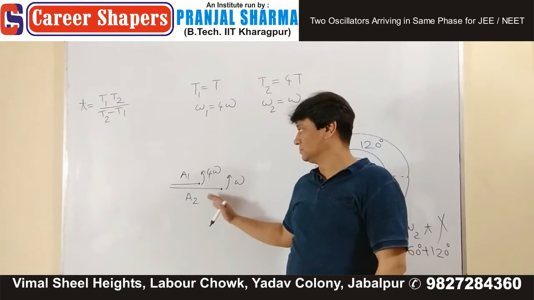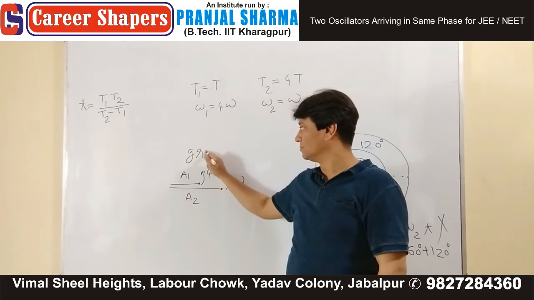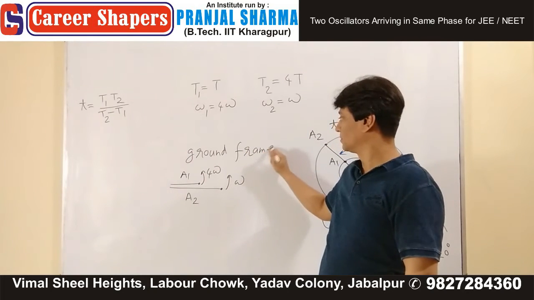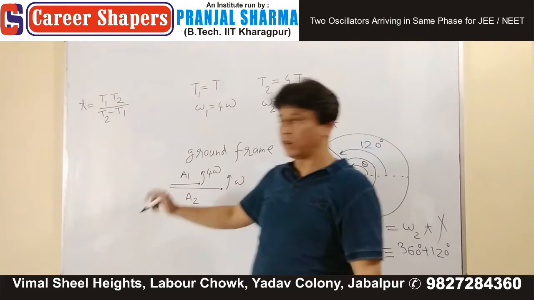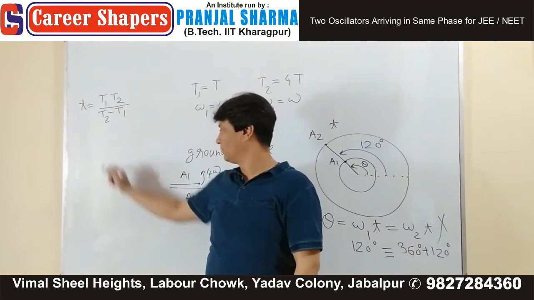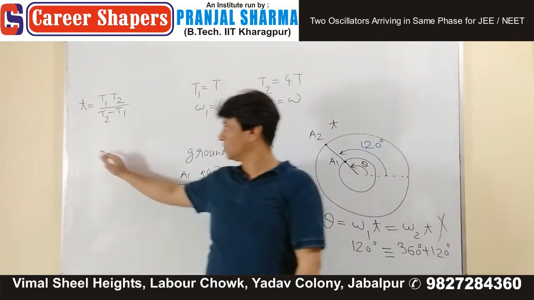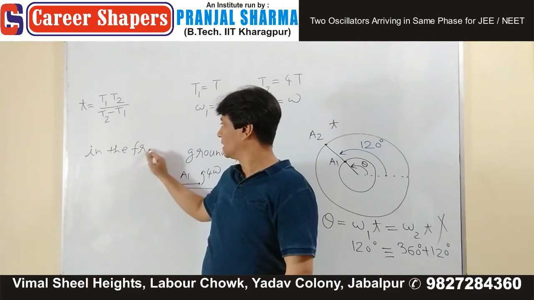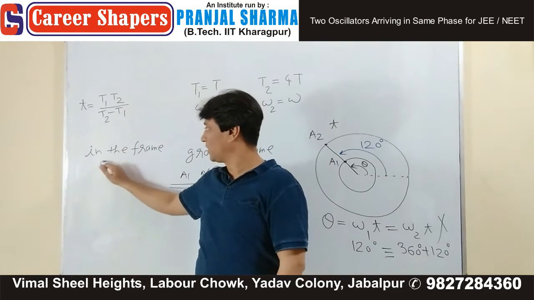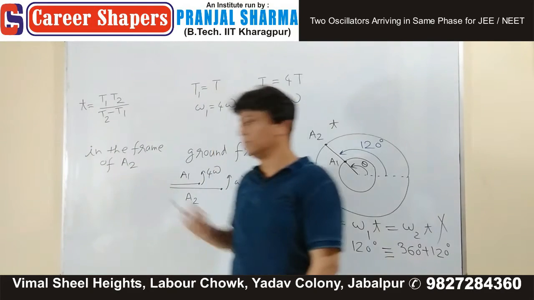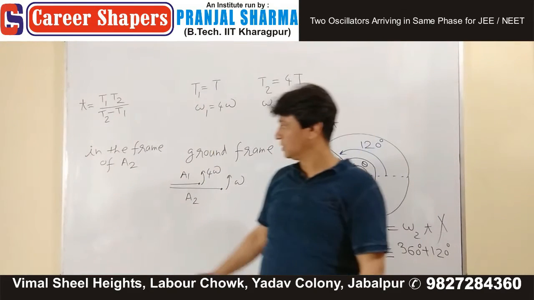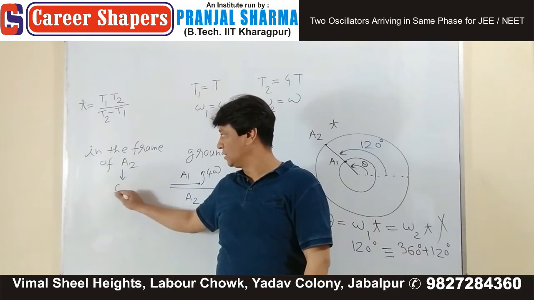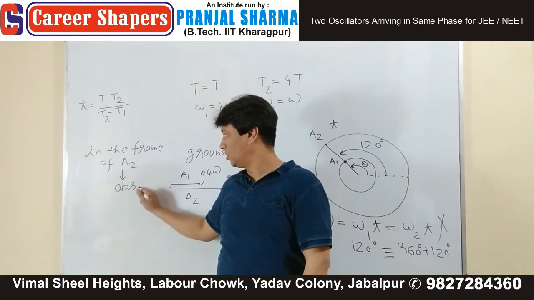This is in the ground frame. But now let's draw everything in the frame of A2, the slower rod. When you say in the frame of A2, that means A2 becomes the observer.